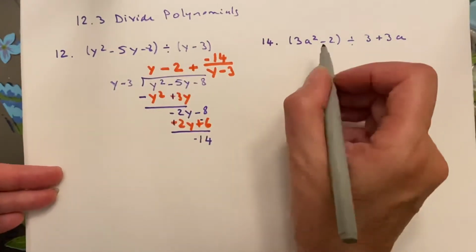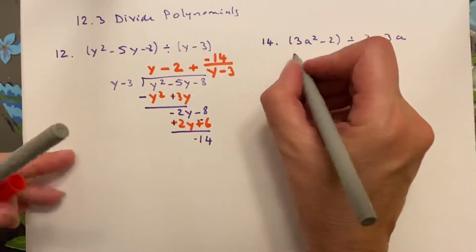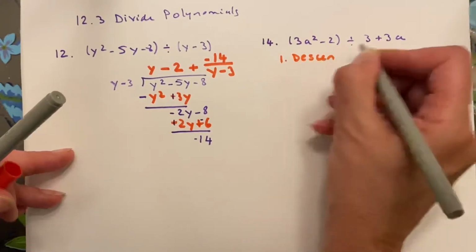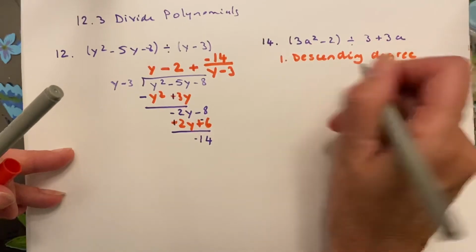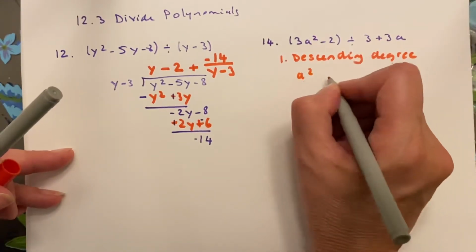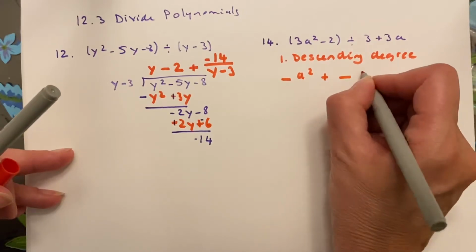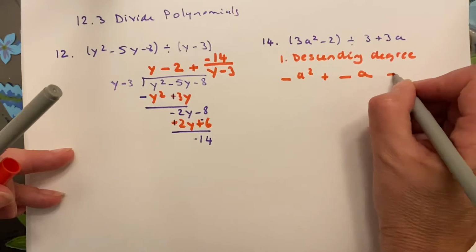So let's do it now. In order to be able to divide these things, these have to be in descending degree, where you've got a variable squared, something times squared plus or minus something times a first degree, and then a number.